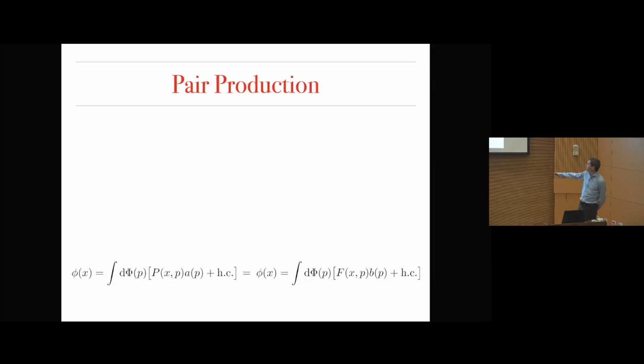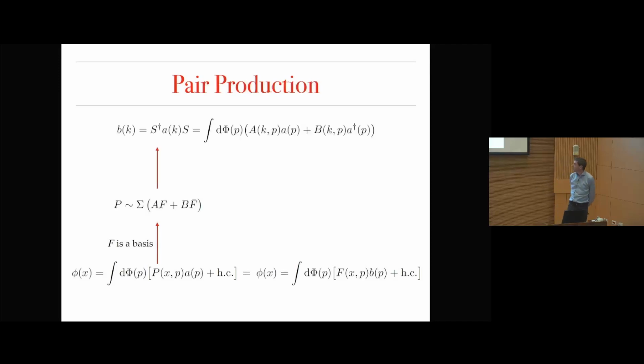And because of this, I'm going to be able to establish a linear relationship between the ladder operators. The way that goes, for example, is to write the P itself, this function, in terms of the basis, the F's. So P is just some sort of sum over F's and F bars, with some coefficients A and B. P is some complex function, so there'd be no reason why you wouldn't get an F bar.